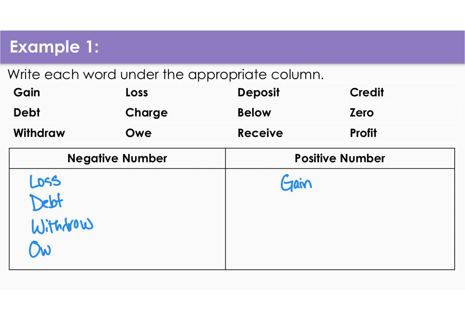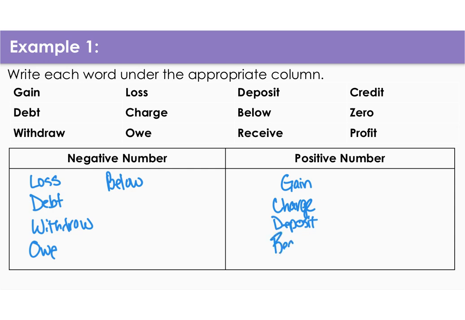Owe is negative. Charge is positive. Below is negative. Deposit is positive.